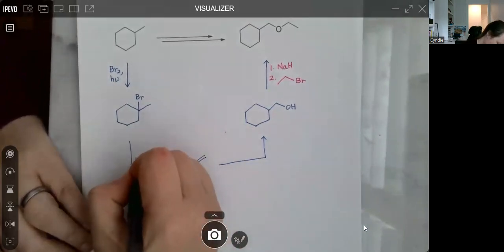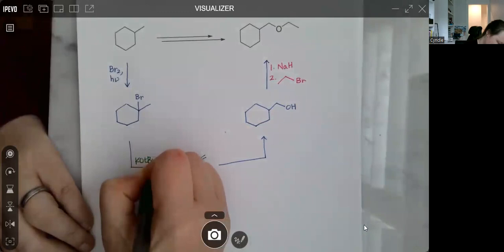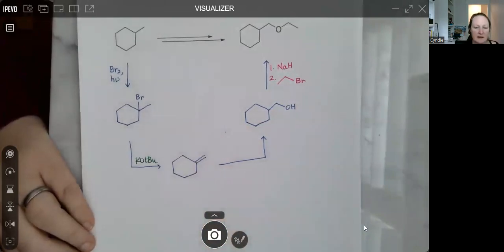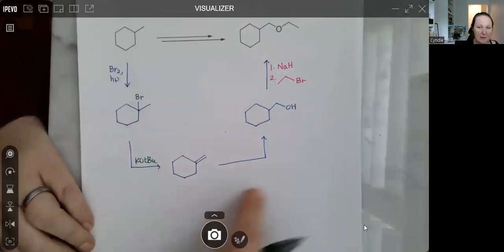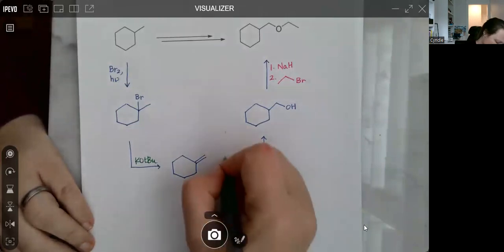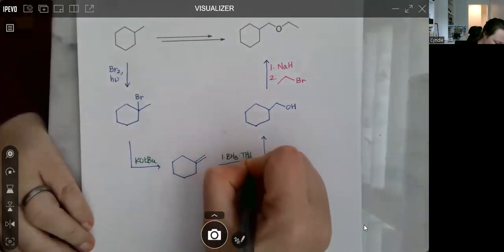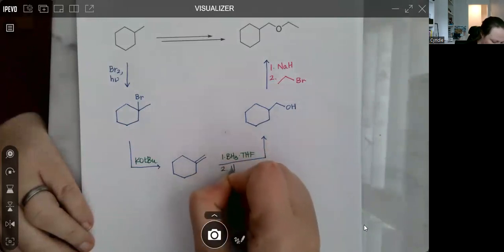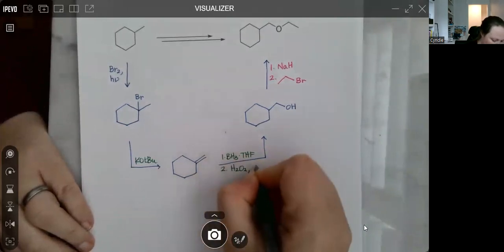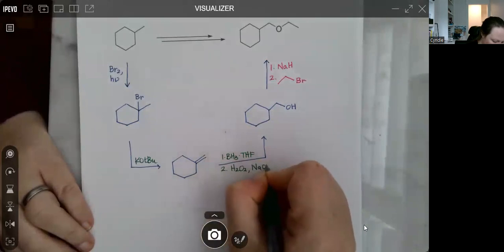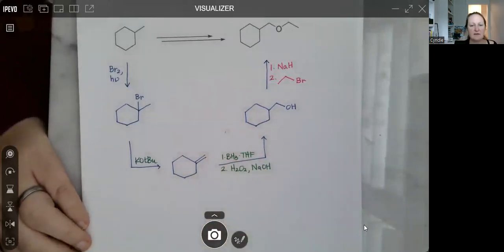So we want to use a bulky base to do that. And then from here, we want to do anti-Markovnikov hydration. So we want to remember that the conditions to do that are the hydroboration-oxidation conditions. From an alkene, we write borane THF, hydrogen peroxide, and sodium hydroxide.